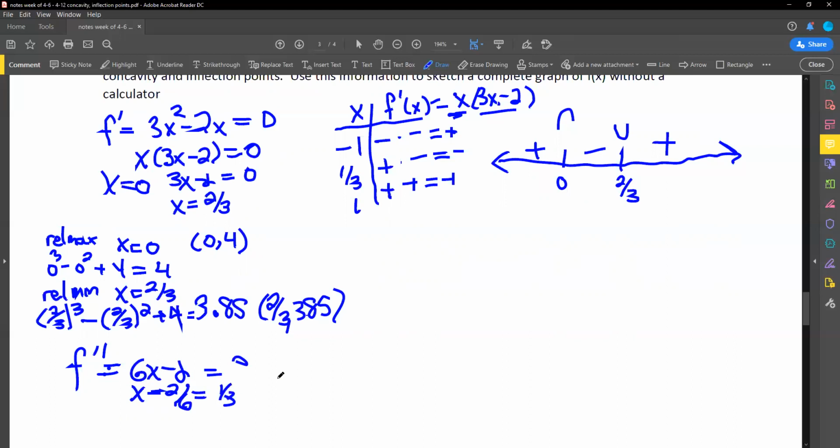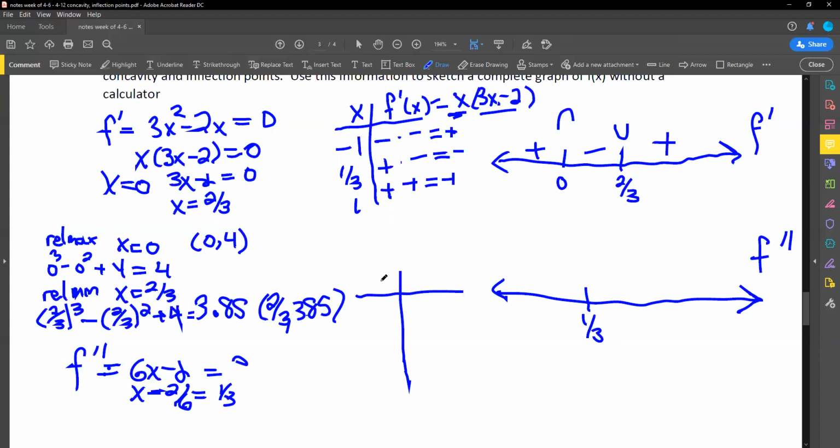So what I like to do is line this up with my other sign graph. We're going to do a sign test. So this was f prime. Now we're going to do f double prime. All right, so let's see, 1/3 would fall about right here. So we'll do a little sign test. We have 2 regions to test.